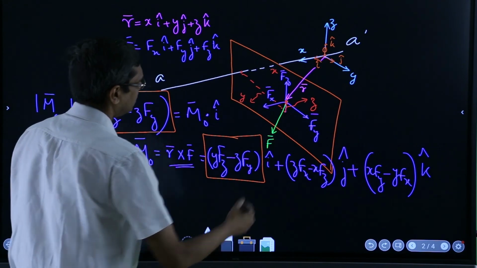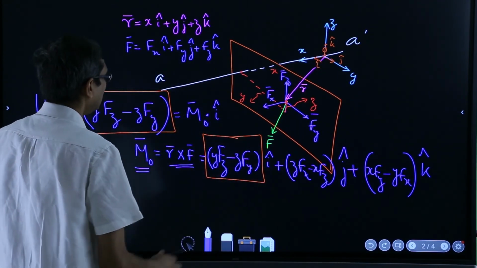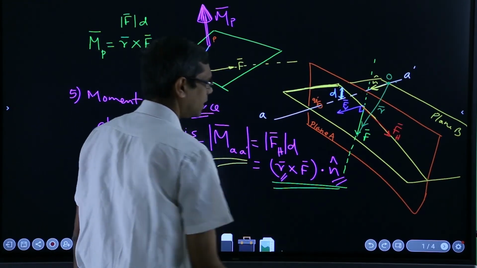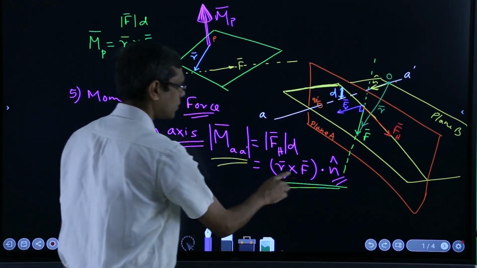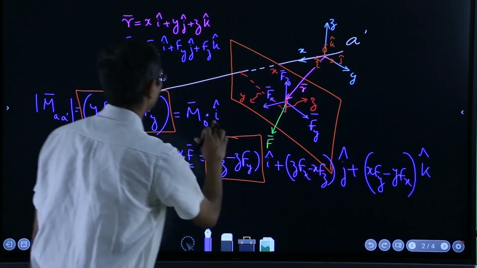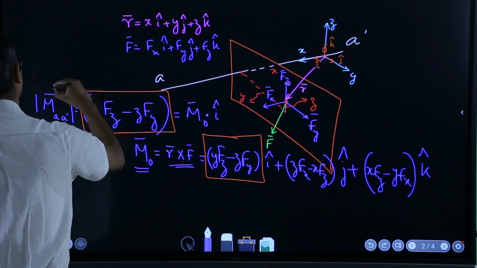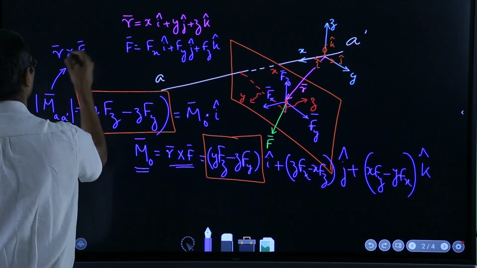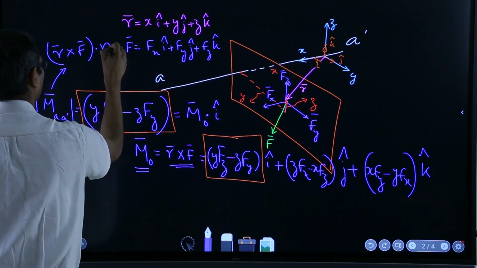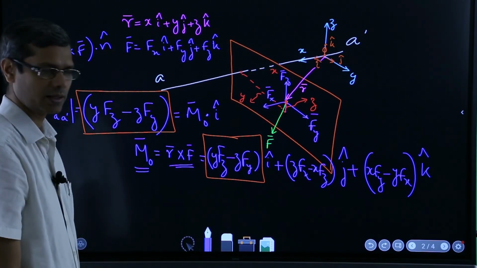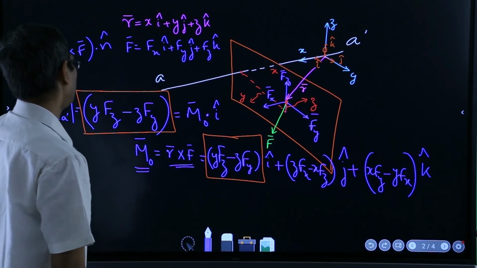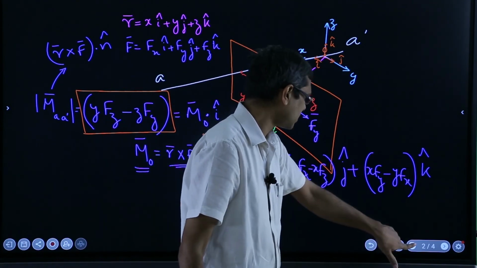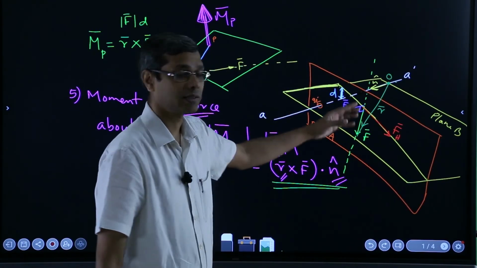Had this been any unit vector n, the formula which we had written here just comes up. See, r cross f dotted with n. So that is what we have got. So this is nothing but r crossed with f dotted with n, right. So that's the proof of how to get this physical quantity which we had discussed here.